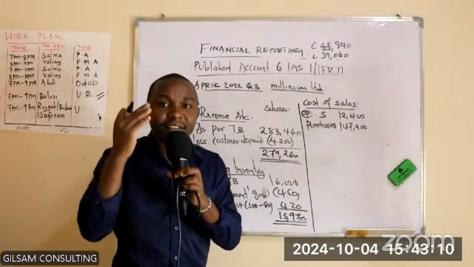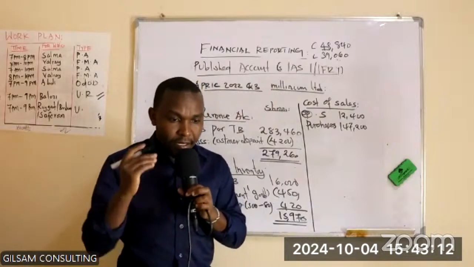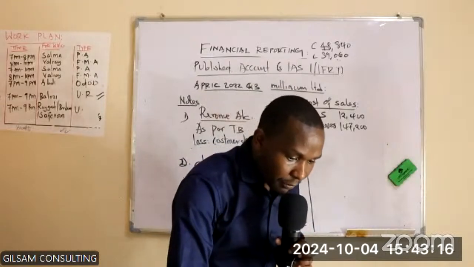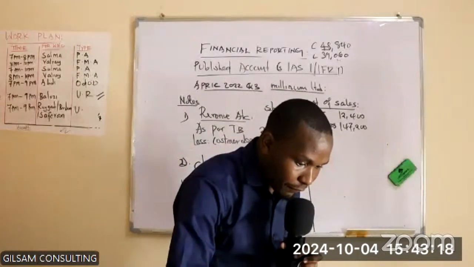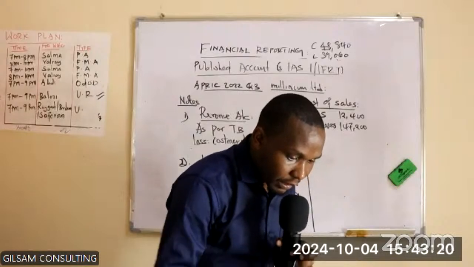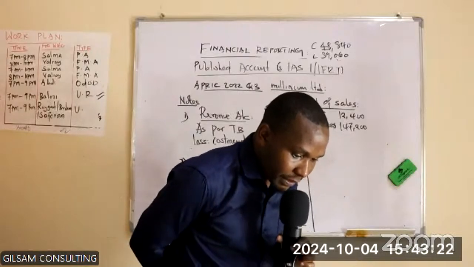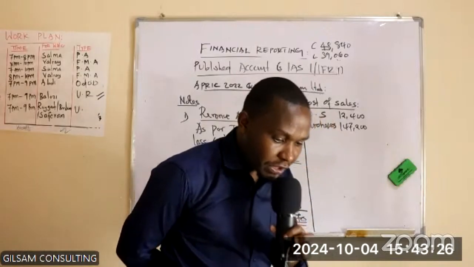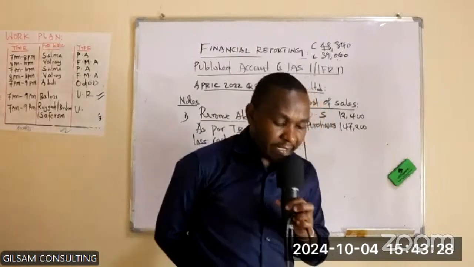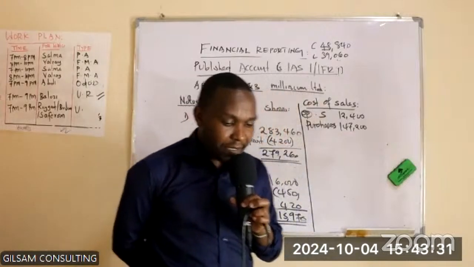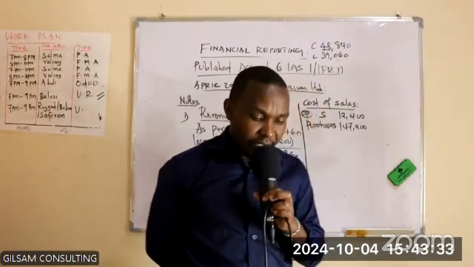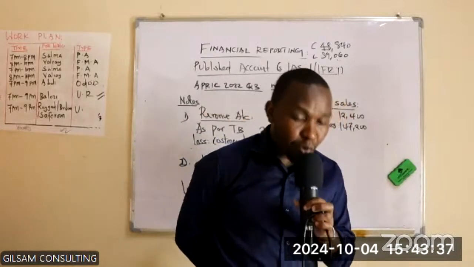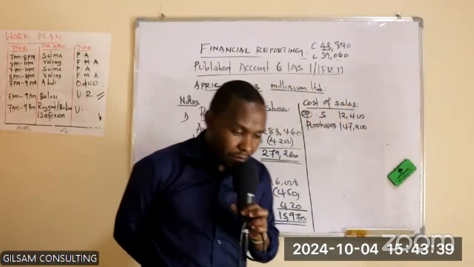Let's look at the classification of depreciation, which I will go to note number 5. There's a lot of information there, but note 5 is for depreciation. Other assets are being depreciated as follows: plant and equipment, 20% per annum on a straight line basis, and furniture and fitting at 25% per annum on a reducing balance method.